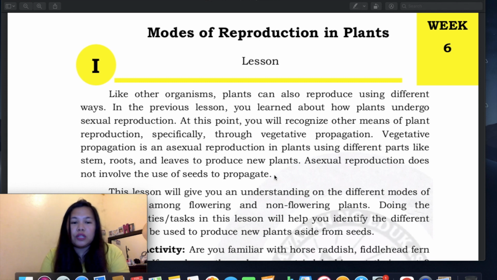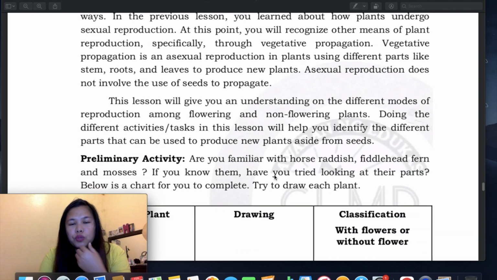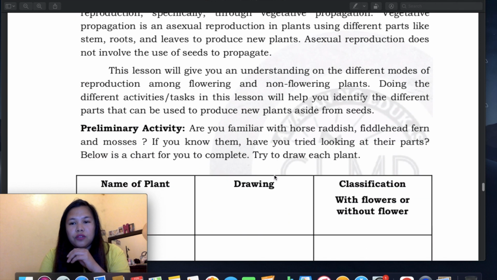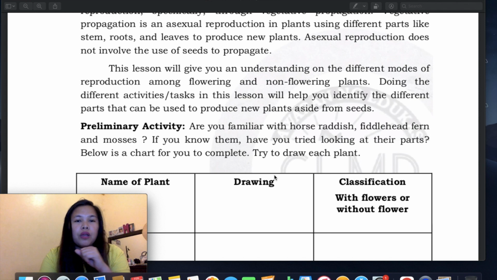So, asexual siya kasi, kung nanonood kayo sa previous lesson natin, paano nagiging asexual at paano nagiging sexual sila. So here, the asexual reproduction does not involve the use of seeds to propagate. So, this lesson will give you an understanding on the different modes of reproduction among flowering and non-flowering.